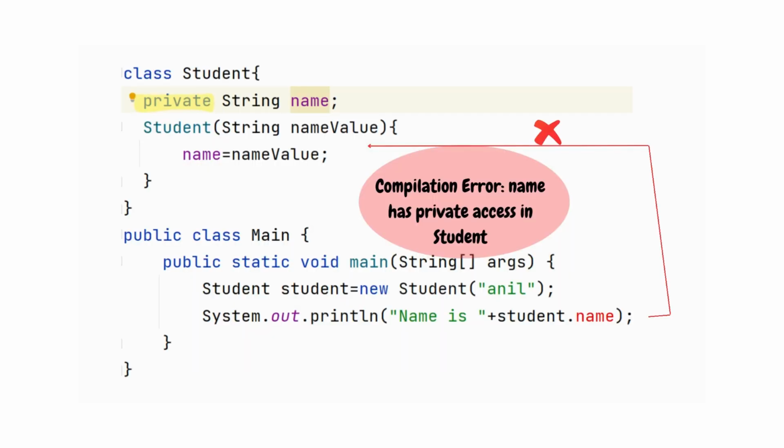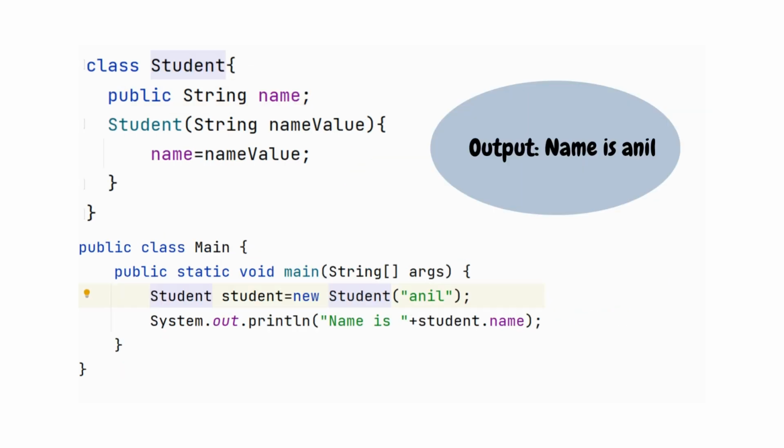As I have said, private attributes are accessible only within the class and are not accessible outside the class, whereas public attributes are accessible both within the class and outside the class.